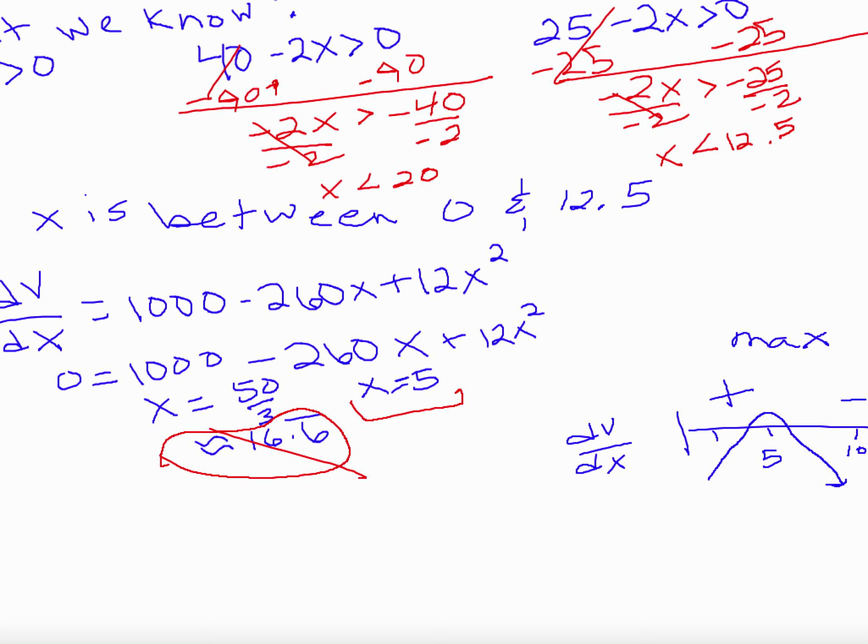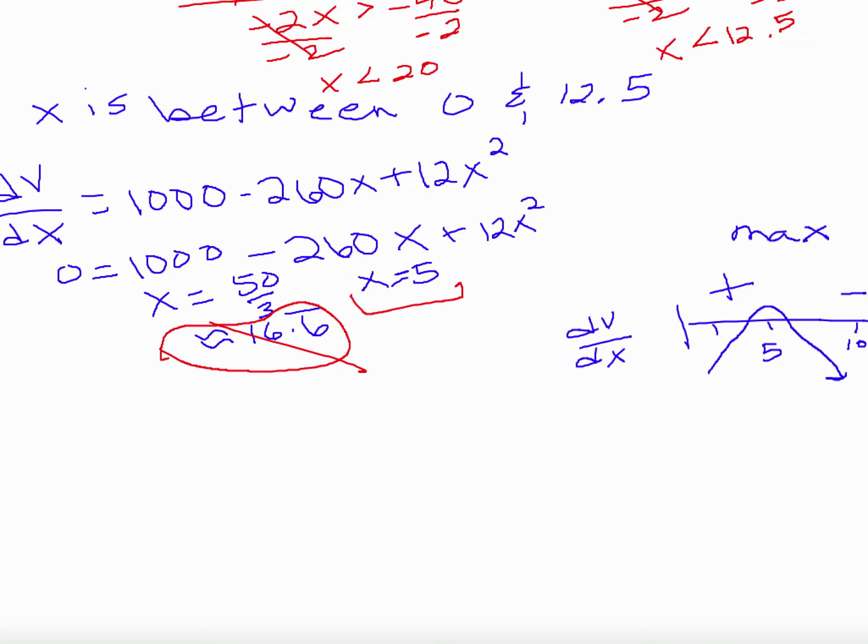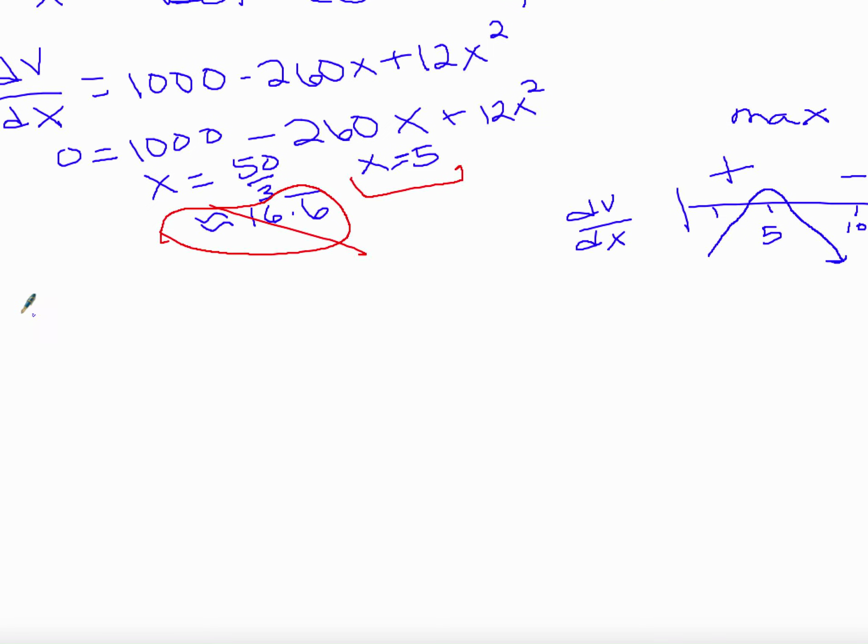Now I can also use the second derivative test, so we can try that. d squared V over dx squared, our second derivative, is equal to, well, the derivative of 1,000 is 0. The derivative of negative 260x is negative 260. The derivative of 12x squared is 24x.